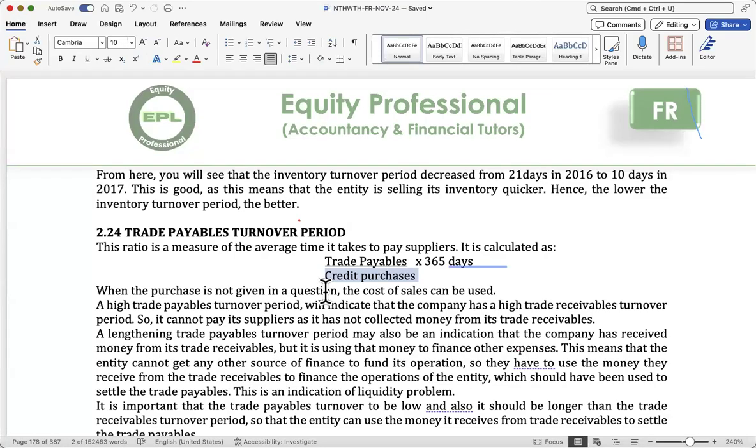Looking at it on the surface, for a management accountant or a performance manager, they will say, okay, hold on to your supplier's money, use it to do business, delay his money. Yes, it makes sense, make some money, provided that you are not exceeding the credit period.